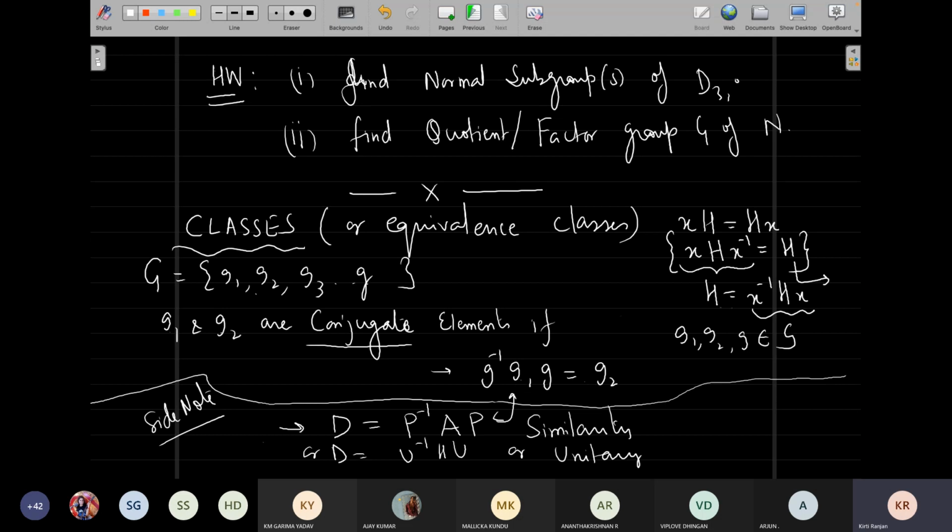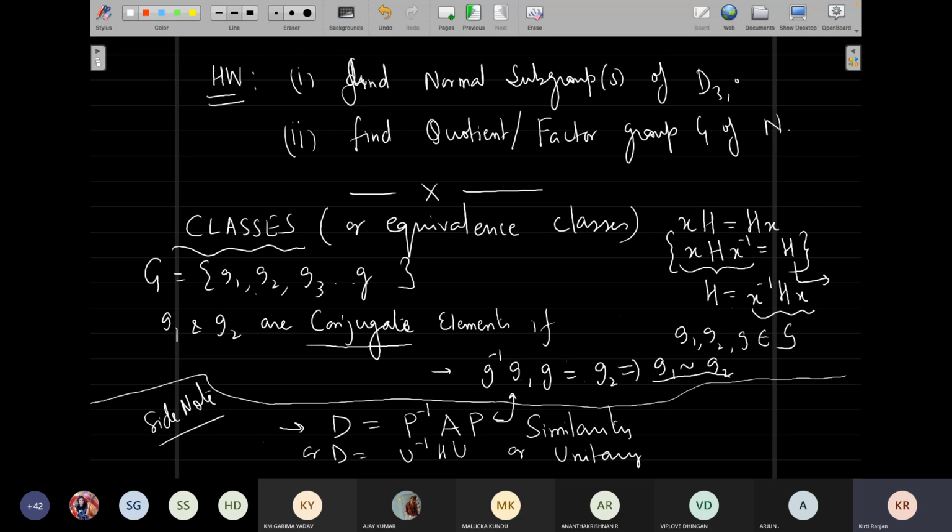Here we say that if G1 and G2 are related by the relation G inverse G1 G, then we call this the definition of conjugacy, or the two elements are said to be conjugate elements. Don't worry, we will do one example and it will be clear to you.